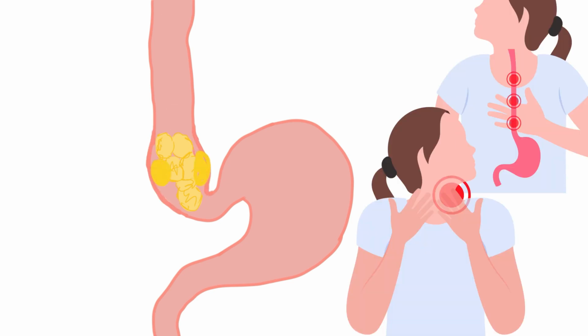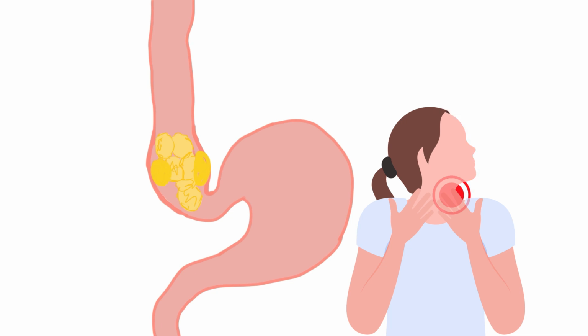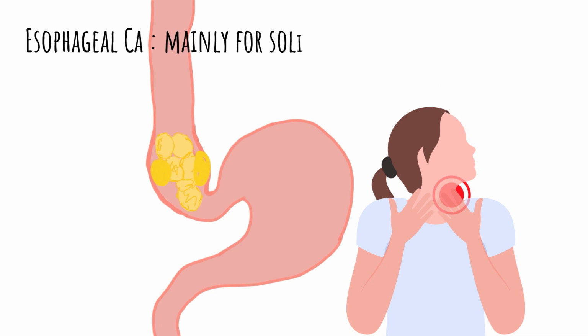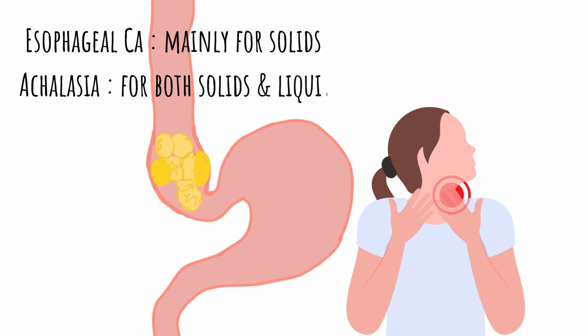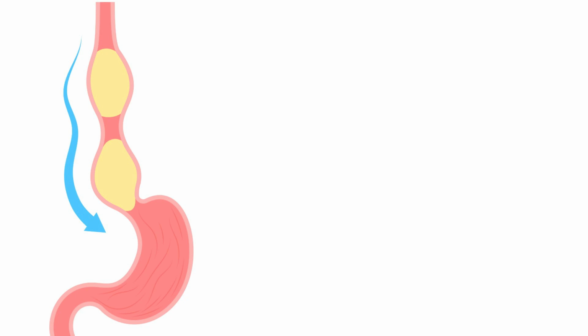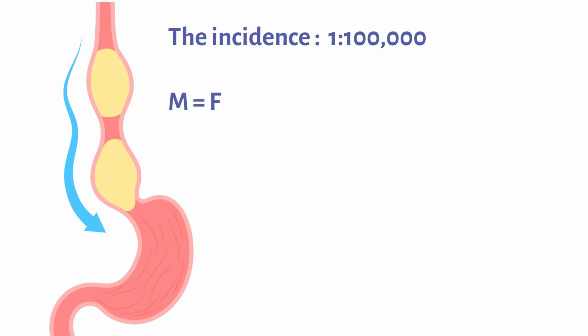Here, the dysphagia is for both solids and liquids, and it's an important factor to know in contrast to esophageal carcinoma, where the dysphagia is mainly for solids. The incidence of achalasia is 1 in 100,000 and it's equal in males and females. It occurs at all ages, but it's rare in childhood.